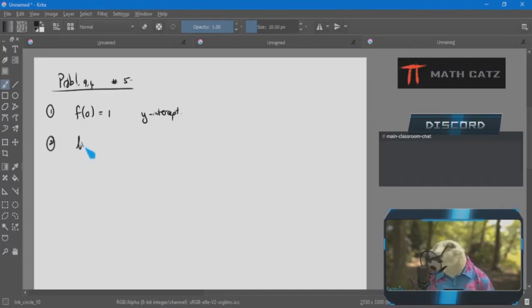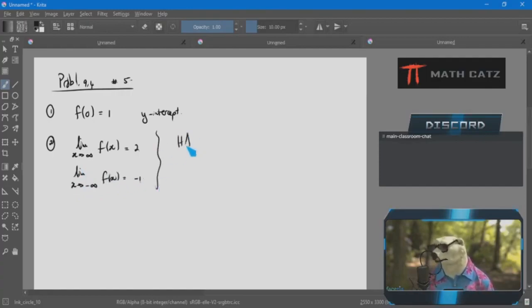Then we have some limits. We didn't have any undefined function spots, so no vertical asymptotes. Like last time, we have a limit of 2 on the far right, limit of -1 on the left.